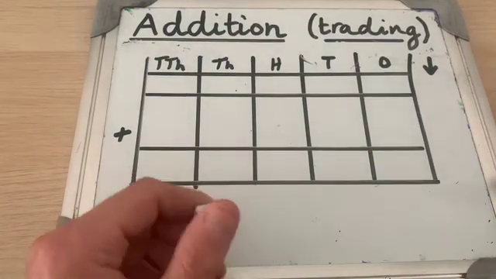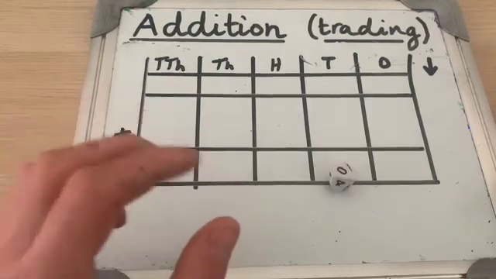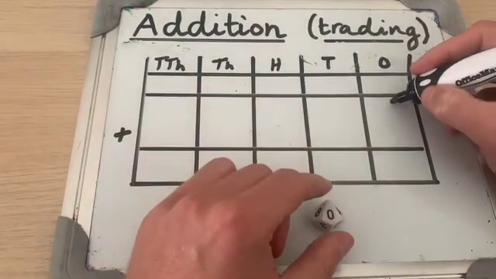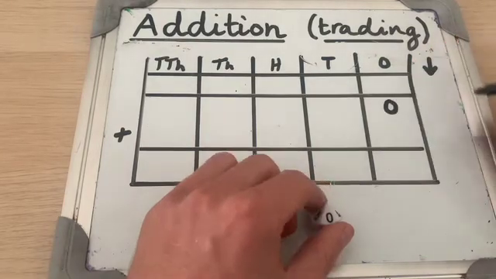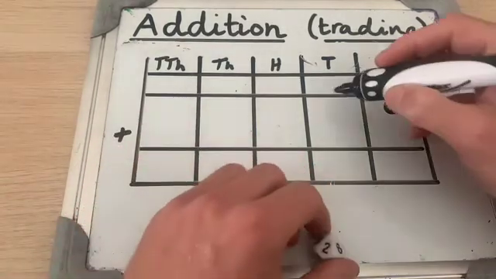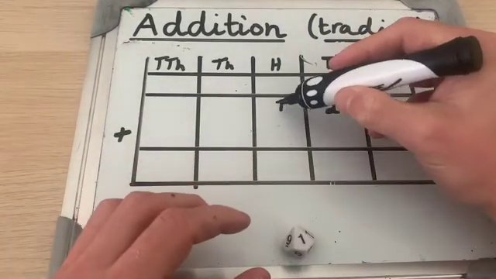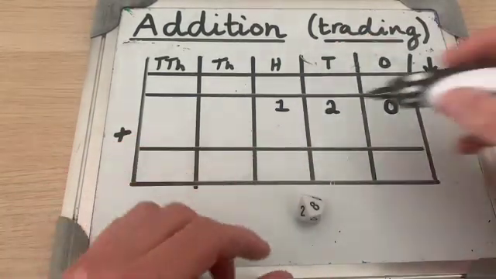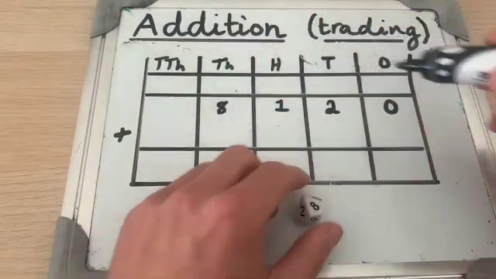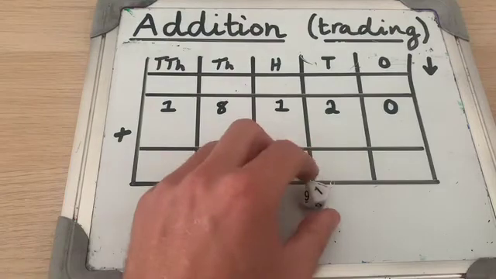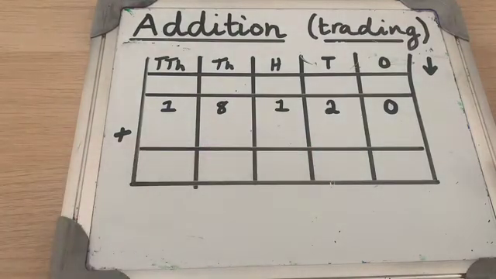So I'm going to roll my dice 5 times. It's a 10-sided dice. So I'm going to put a 0 in the ones column, a 2 in the tens column, a 1 in the hundreds column, an 8 in the thousands column, and a 1 in the tens of thousands column. Alright, now I'm going to make a card version.